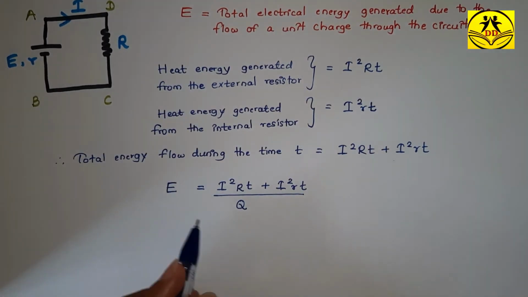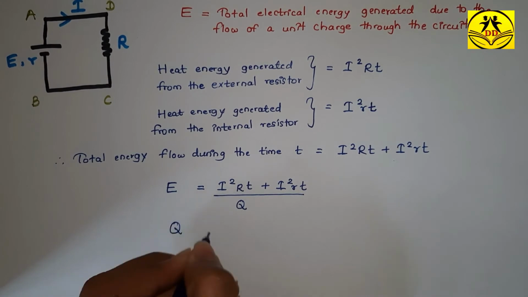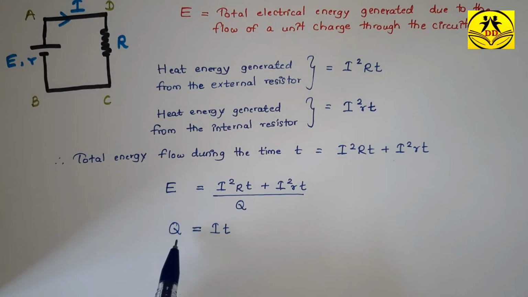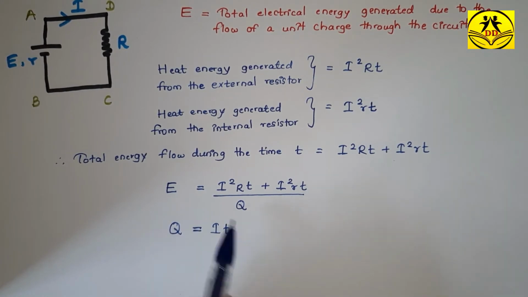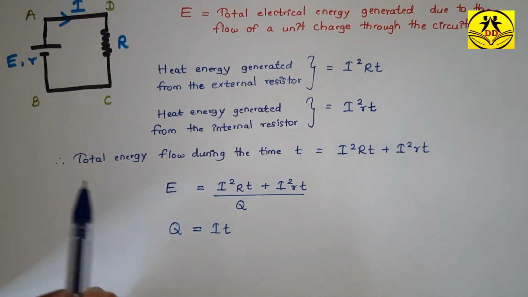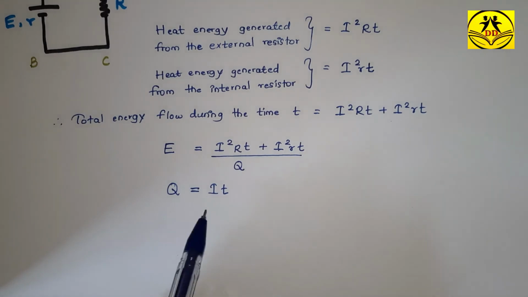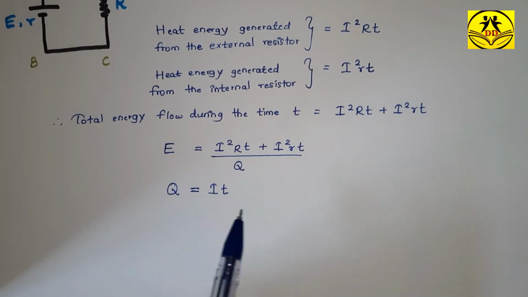And you all know Q equals IT. So this Q can be written as the amount of current flown for a time t. We have written this total energy flow for a time t. So now instead of Q you can write IT.